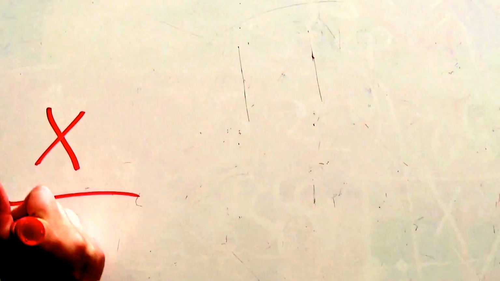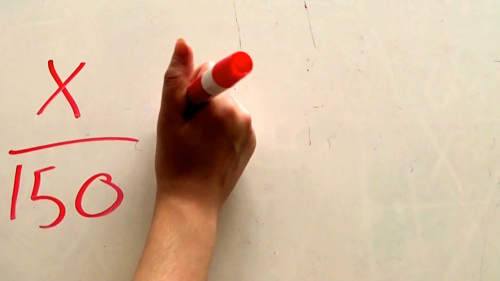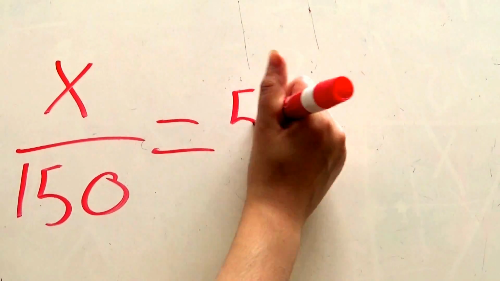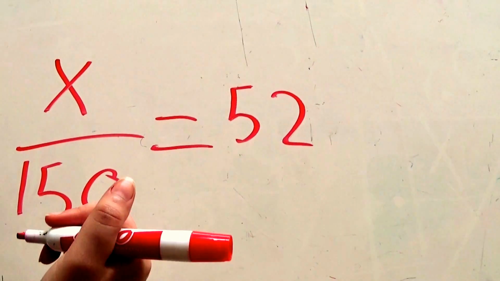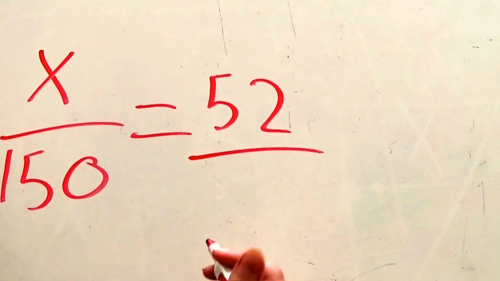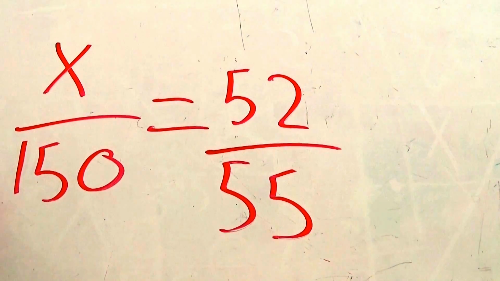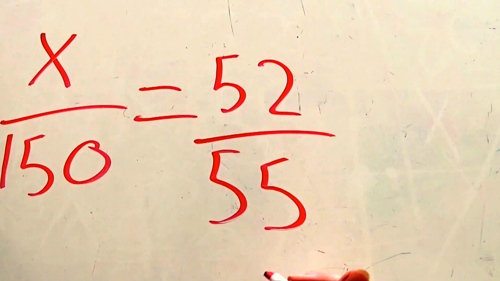Step 4. Solving for X. So we got X over 150. 150 is my height. And then 52, which is eye level to the wall. And then 55, which is eye level to the ground.